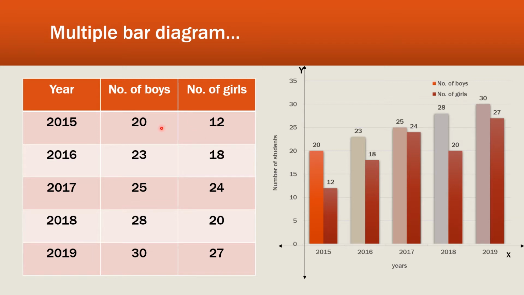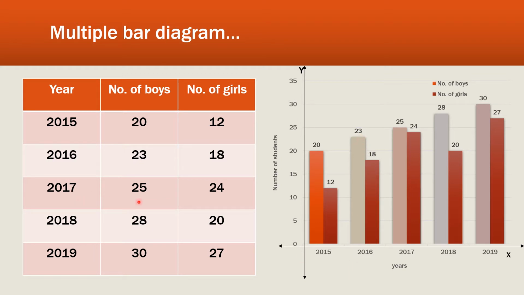And so we plot the number of boys for the year 2015. We mark it against the y-axis. And then the number of girls in that year, which is 12. And so we do the same. 23 and 18 are plotted here for the year 2016.